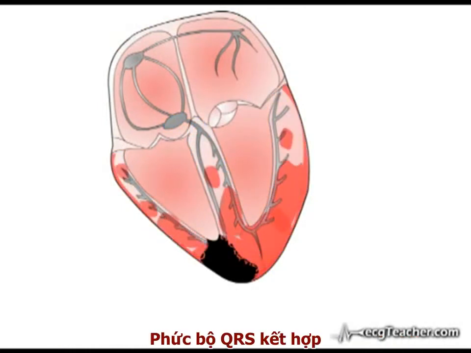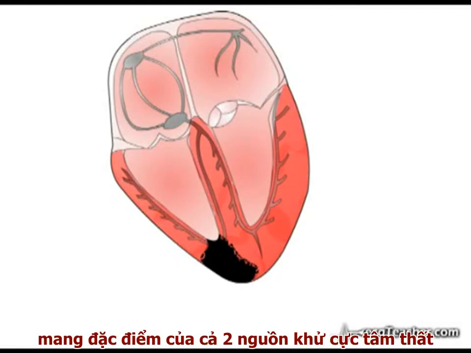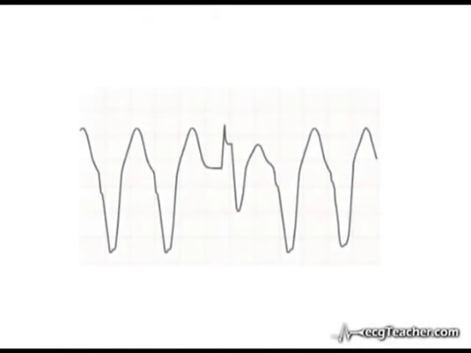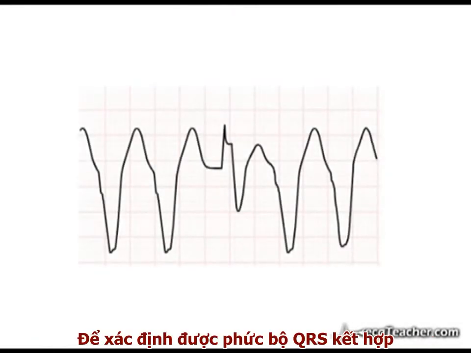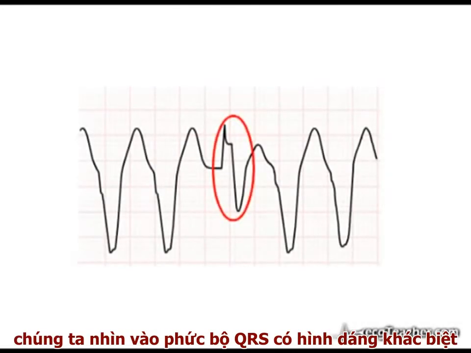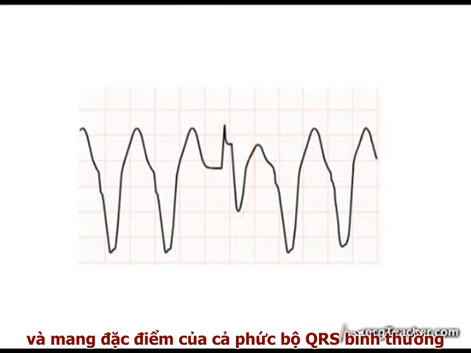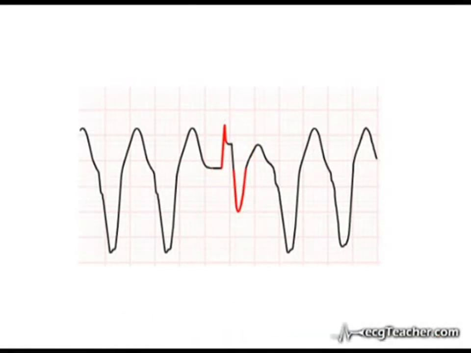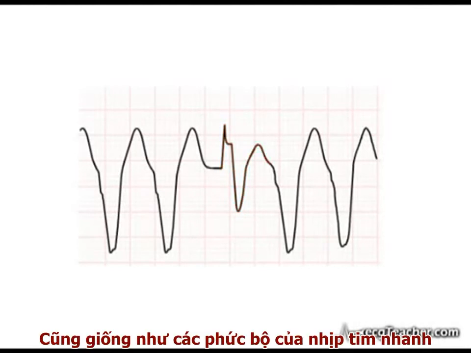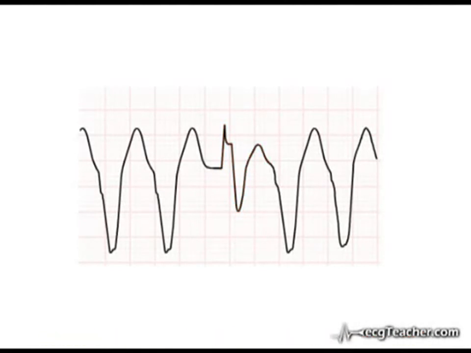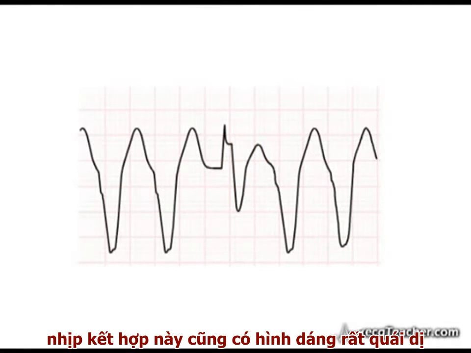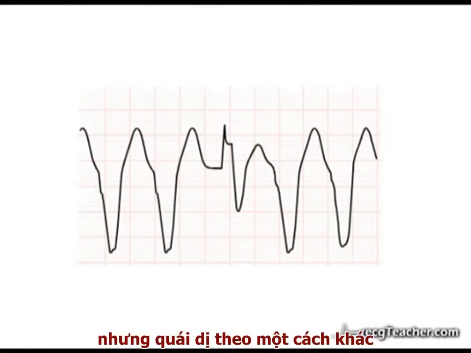The fusion QRS complex generated will demonstrate features of both sources of ventricular depolarization. To identify a fusion complex, we look for a QRS complex which differs in morphology from the surrounding complexes of the tachyarrhythmia, and which shares features of both the normal and broad QRS complexes. Like the complexes of the tachycardia, a fusion beat is bizarre in morphology, but bizarre in a different way.